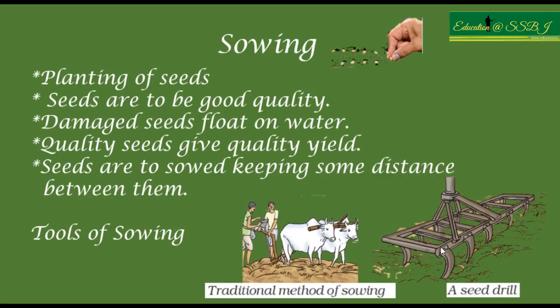And what is use of seed drill? Lot of labor is reduced, time is reduced, and proper seeding takes place. Once sowing is done, automatically it is covered with the help of soil, by which we can protect seeds from the birds.